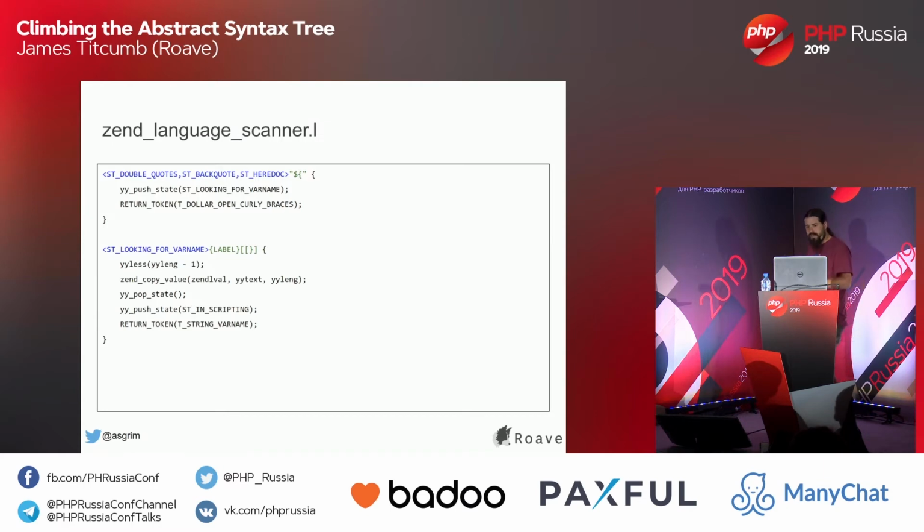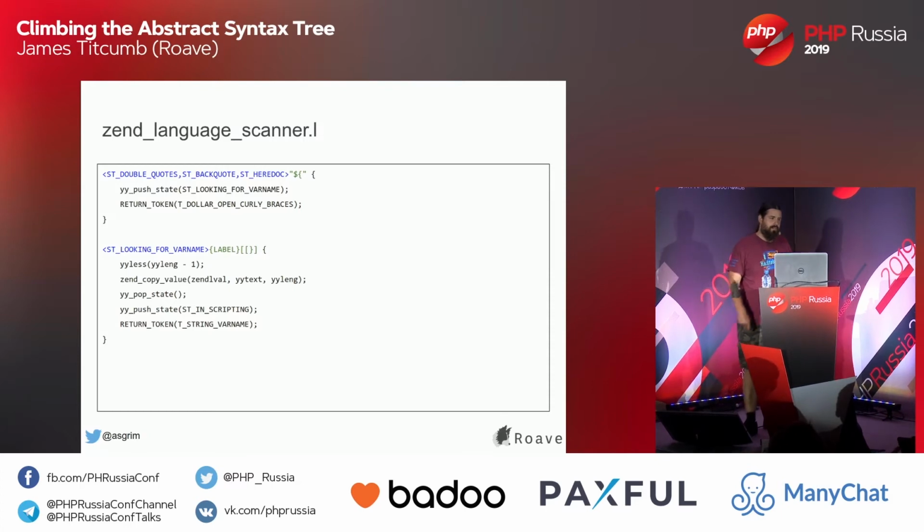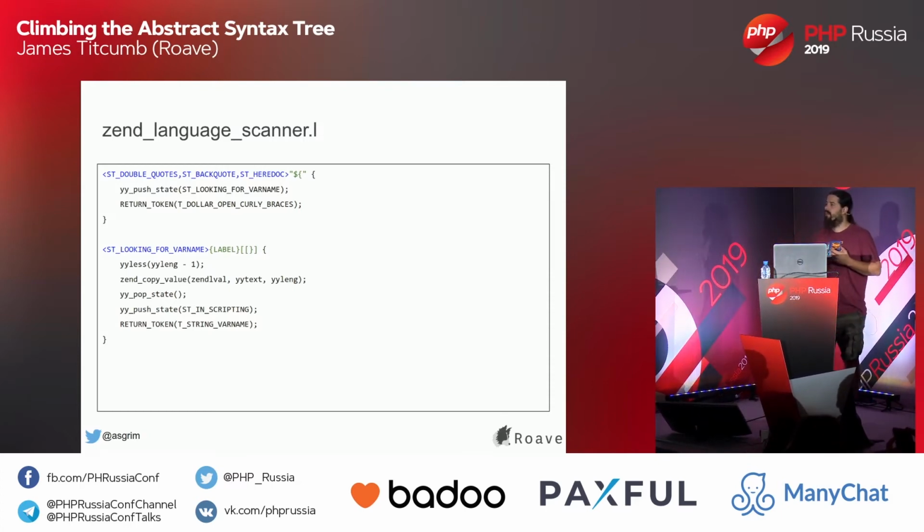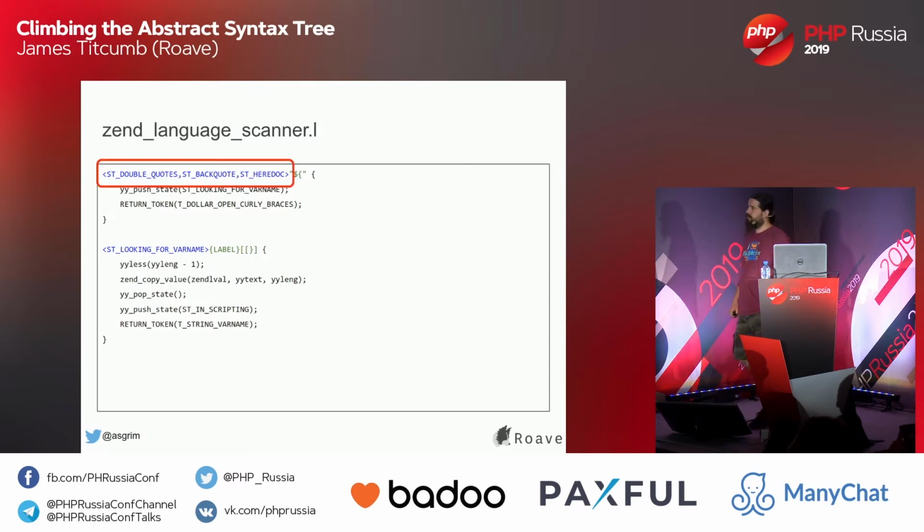So the state allows the same tokens to be used in different ways depending on the context you're in. Let's look at a slightly more complex example to understand what that means. This particular token, dollar open curly brace, will only match when we're in double quotes, backticks, or heredoc.